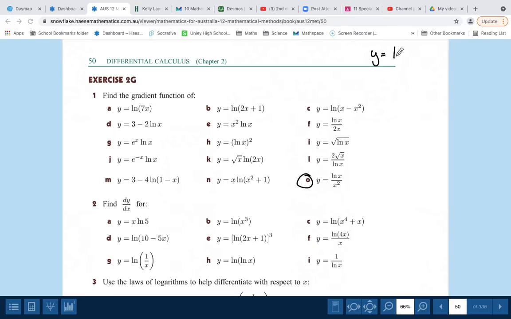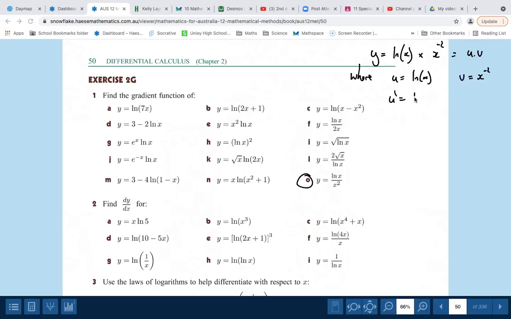So I could rewrite this function as log x times x to the power of minus 2. And I'm saying this equals some function u times some function v, where the u is log x and the v is x to the minus 2.